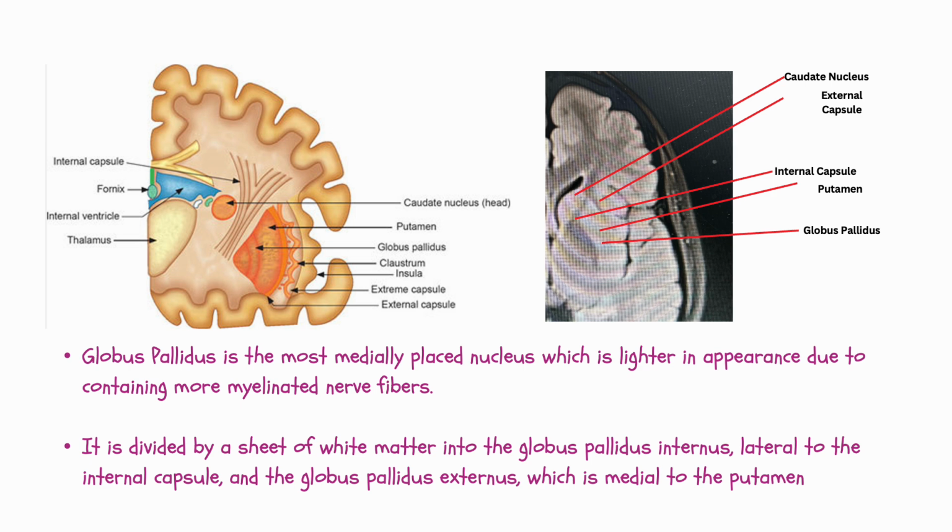The globus pallidus is further divided by a sheet of white matter into the globus pallidus internus, located next to the internal capsule, and globus pallidus externus, situated closer to the putamen.